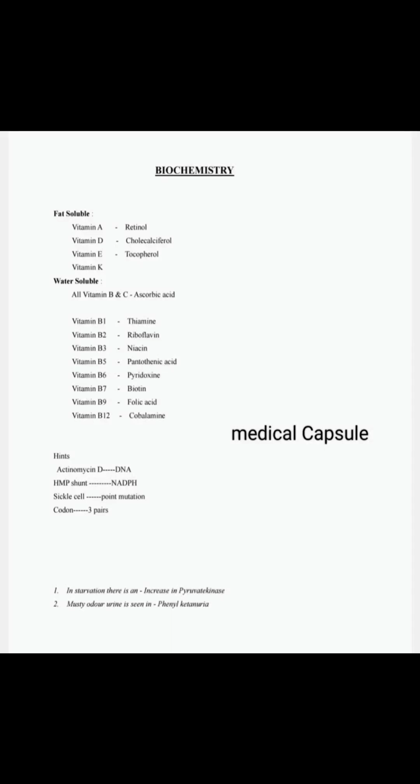The main point in the biochemistry tutorial is about vitamins. Vitamins are divided into two categories: water soluble and fat soluble. In the fat soluble vitamins there are four: vitamin A, D, E and K. Vitamin A is called retinol, vitamin D is called cholecalciferol, vitamin E is called tocopherol.